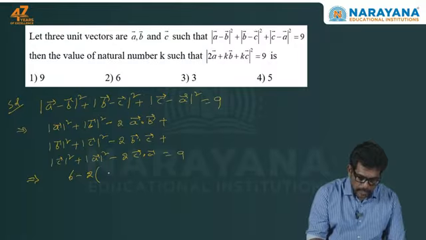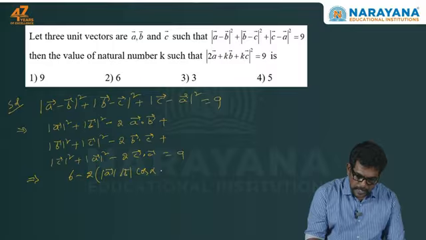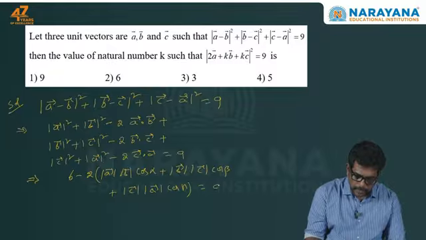We have the formula a bar dot b bar is equal to mod a bar mod b bar cos alpha, where alpha is the angle between a bar and b bar vectors, plus mod b bar mod c bar cos beta plus mod c bar mod a bar into cos gamma is equal to 9.